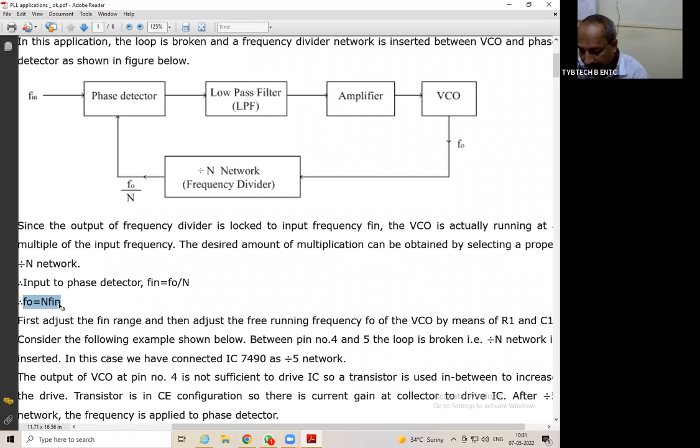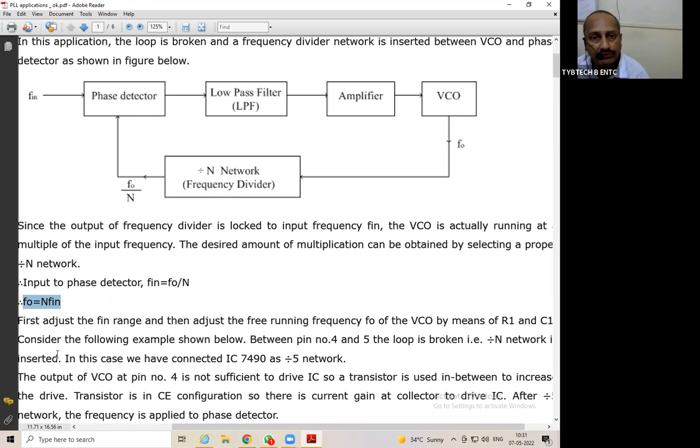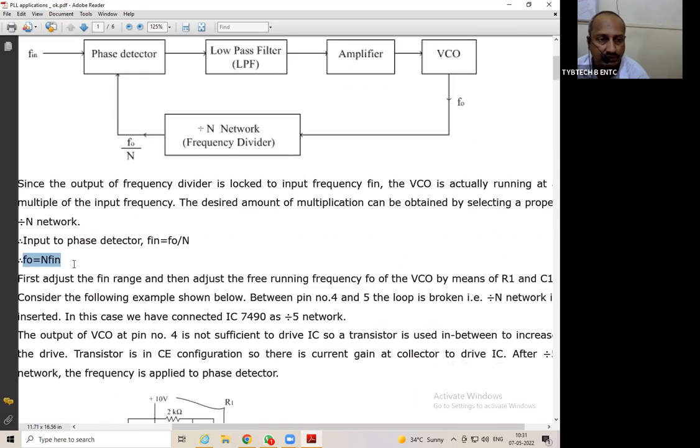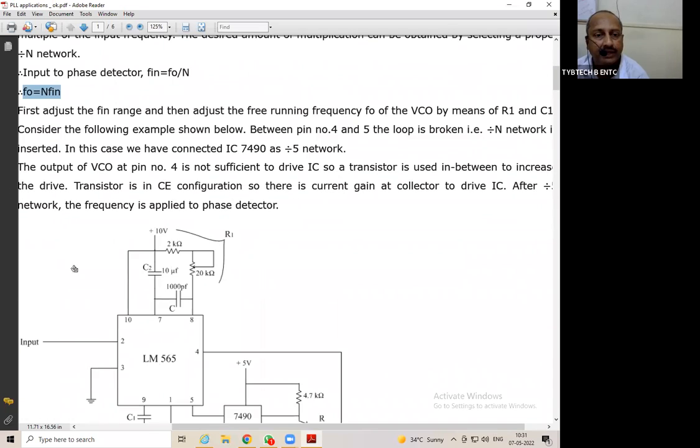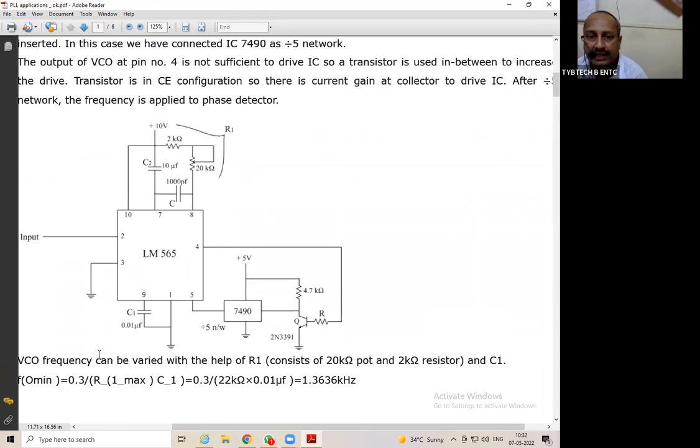At what multiple you need the output frequency, depending on that the value of N depends. If you want, you can draw this diagram afterwards, and see how the frequency multiplier diagram looks.